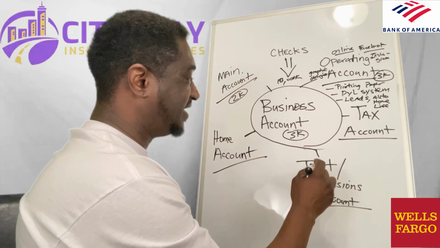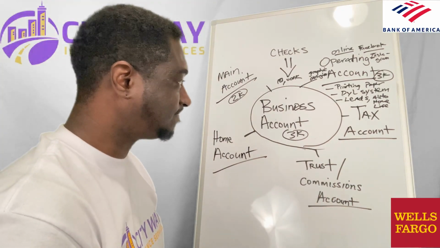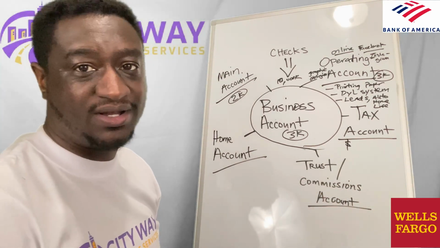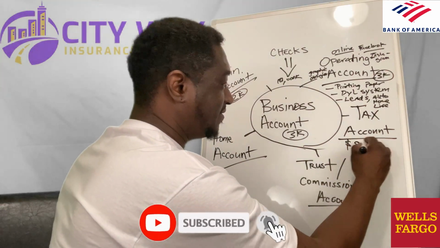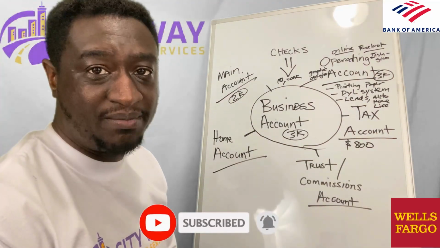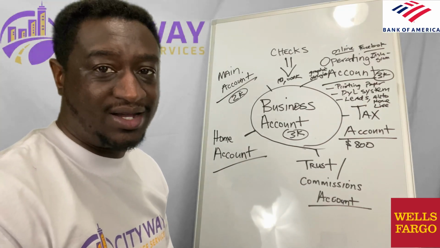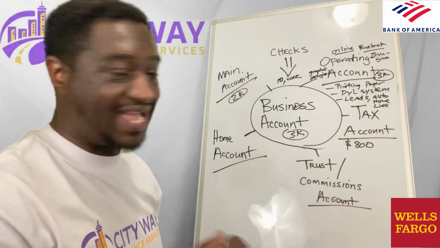But most importantly, this account is one of the most important to me, because it's where I pay my taxes. Now, my taxes here in California for my LLC is $800. Yours may be different because your company might be bigger, larger, S Corp, C Corp, I'm not sure. But for me, my California taxes is $800.